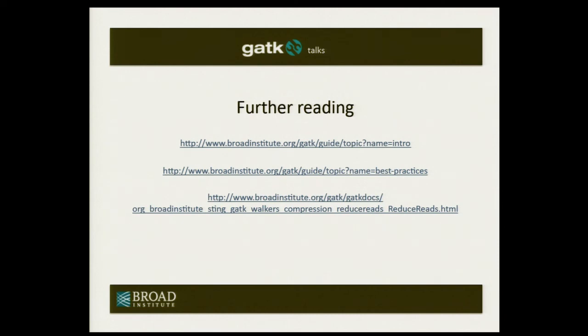Yes? Is there an option to not compress the alternate homozygous reads? There isn't, but it's very easy to implement, so that could be something that we could add in the future. Not specifically the alternate homozygous, but all of the compression triggers have parameters that you can set.